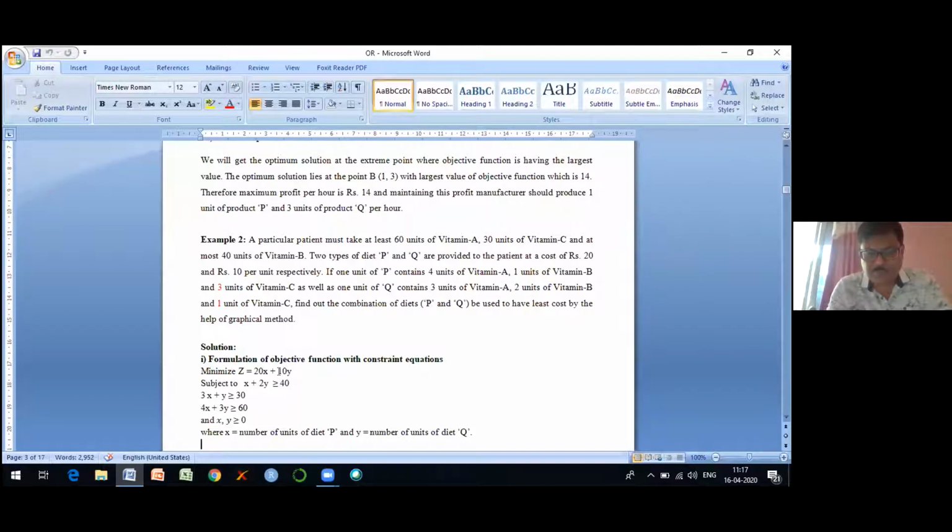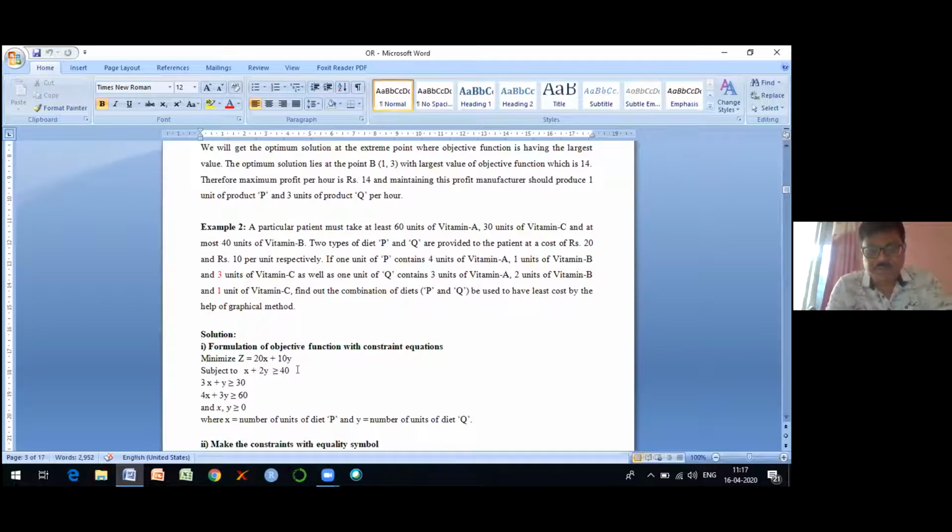Therefore, the objective function is minimize Z equal to 20X plus 10Y. Right? Now we are coming to form the constraints.